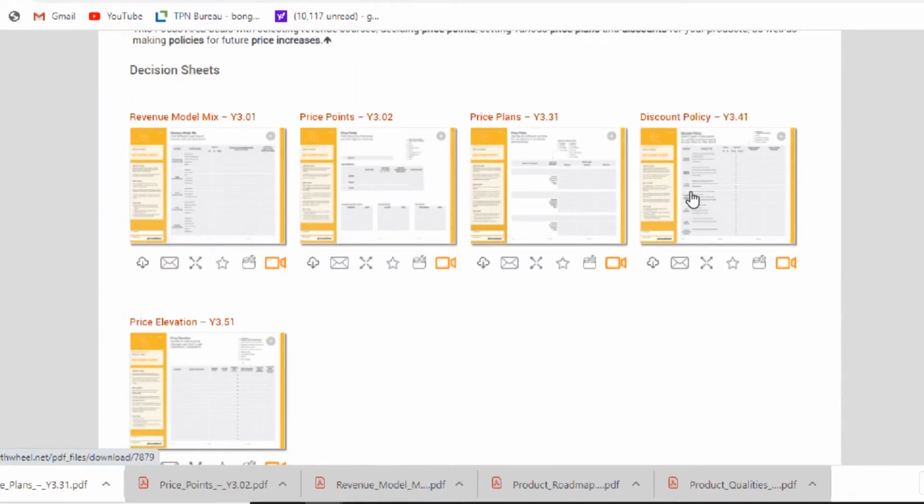Now, the other important thing as a business: I know that people will come and say, we want a discount, we want a discount. Sometimes it's good to give discounts, but a discount without a policy is a problem. You must be in a position to develop what we call a discount policy.